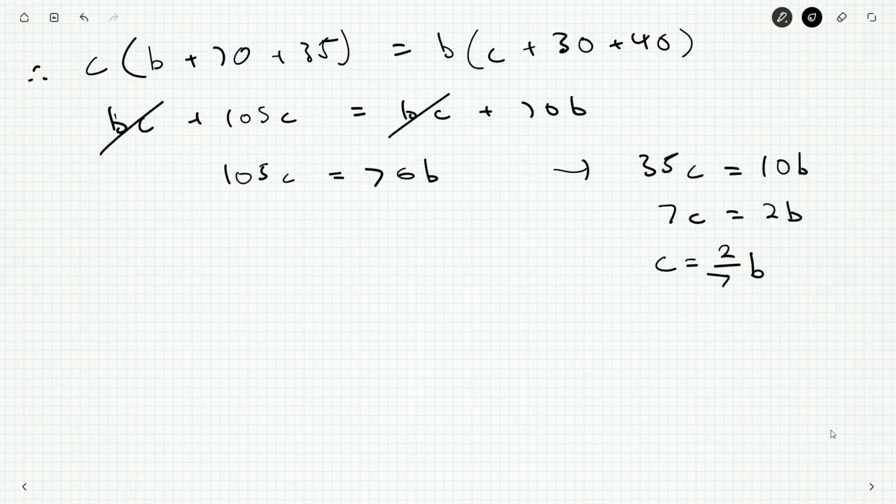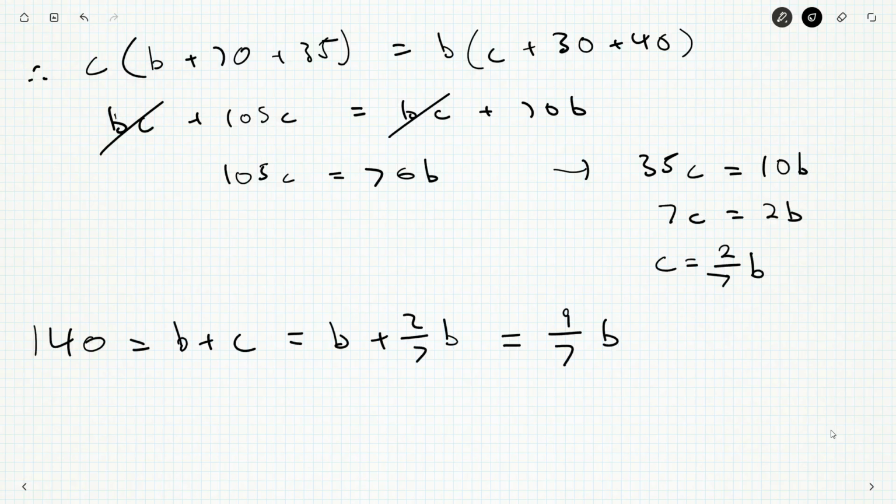We want to solve for B. Now we know that 140 is the area of B plus C. But now that's B plus 2/7 B. So that'll be 9/7 B. The problem is this isn't an integer, and I was really expecting this to be an integer.